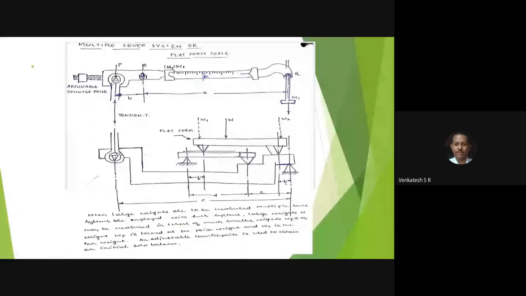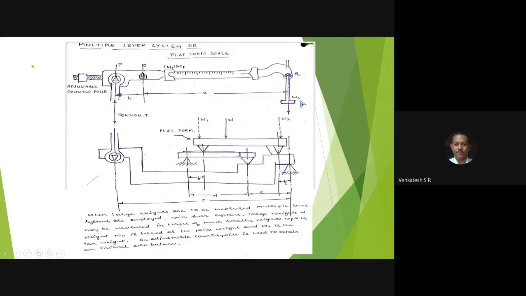And next, the manufacturer of the platform scale provides a counterpoise weight. Remember, counterpoise weight. All of you have seen it in the mandi, in the APMC.